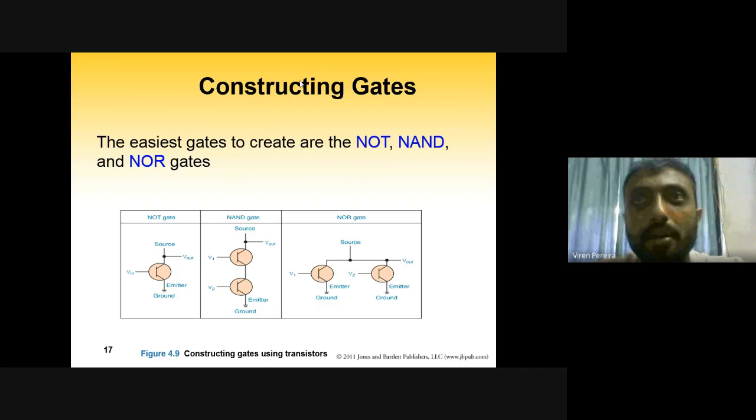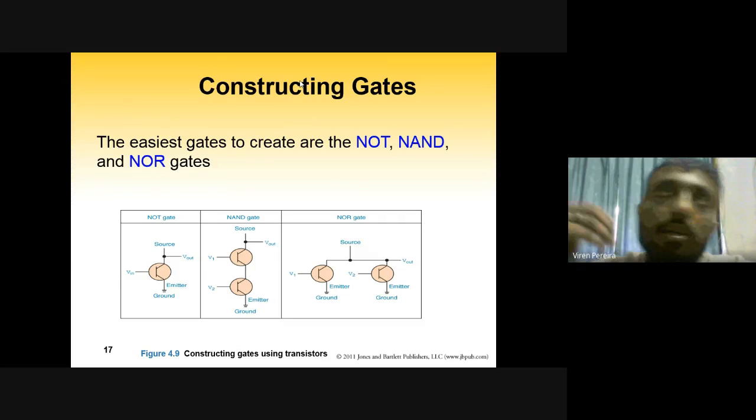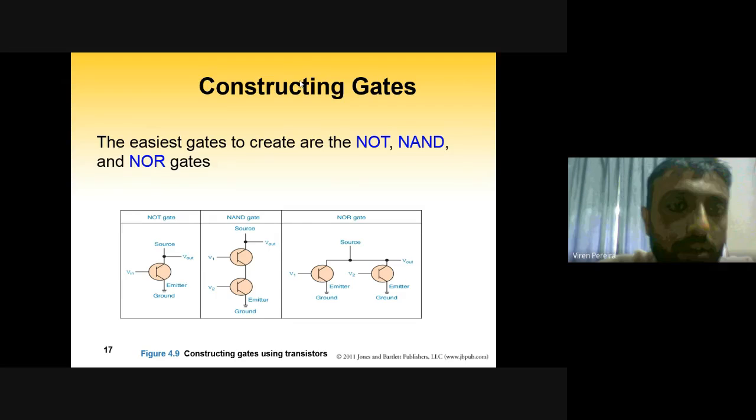Why are we using these transistors, why are we not using them to basically make AND gate and OR gate? Why are we mostly focusing on NAND and NOR? Can someone tell me?